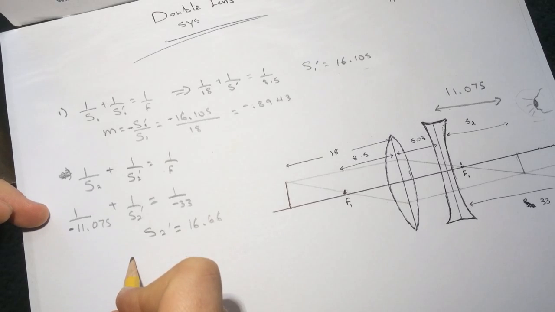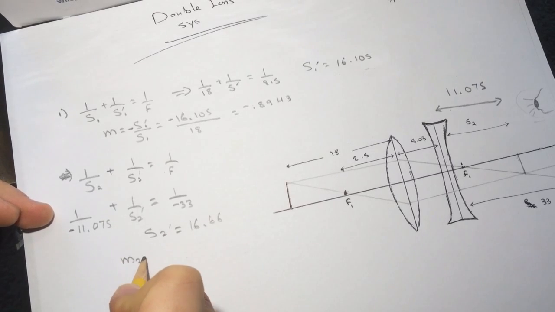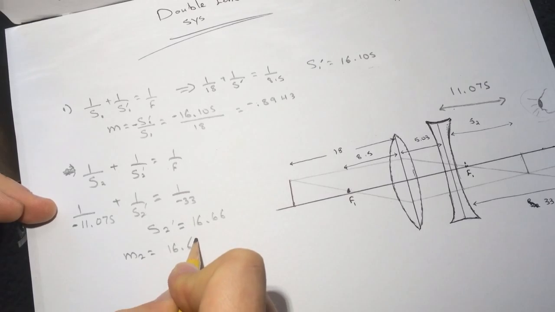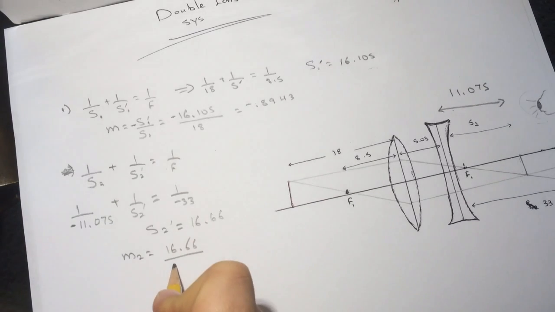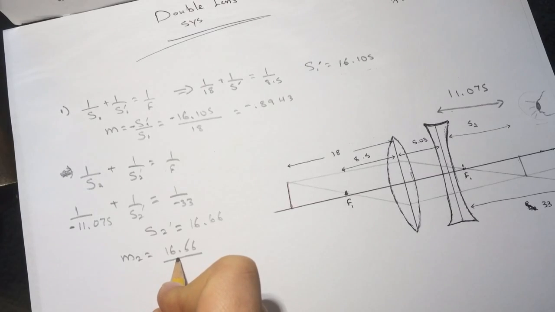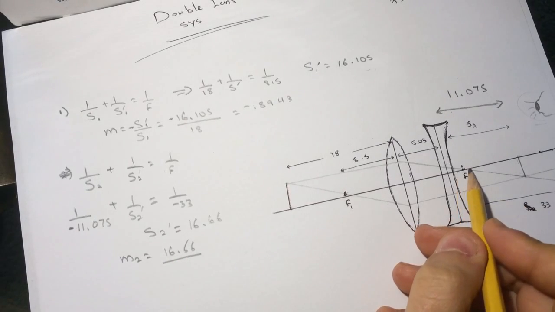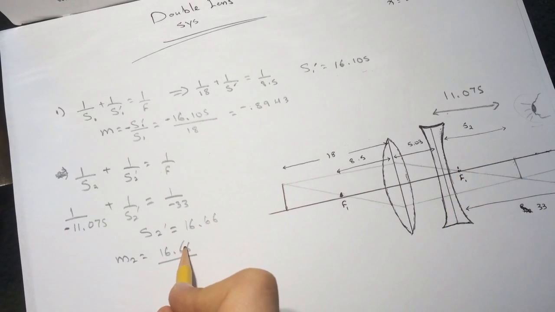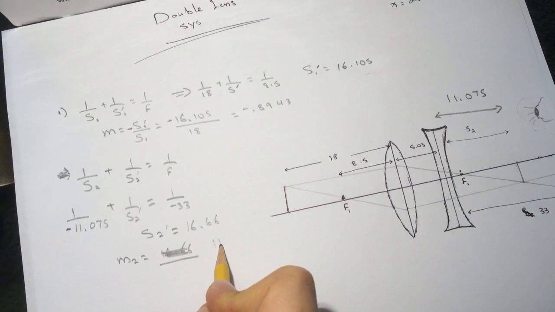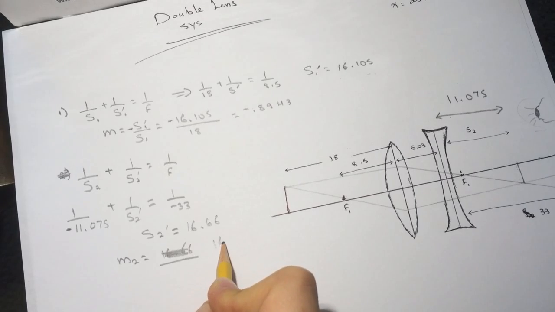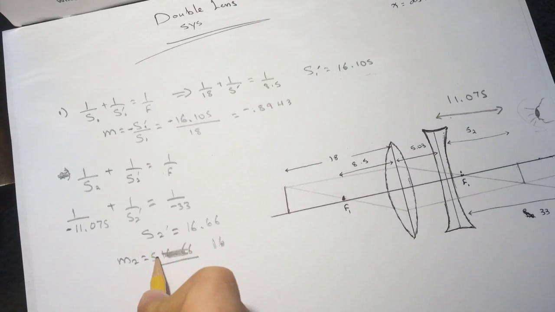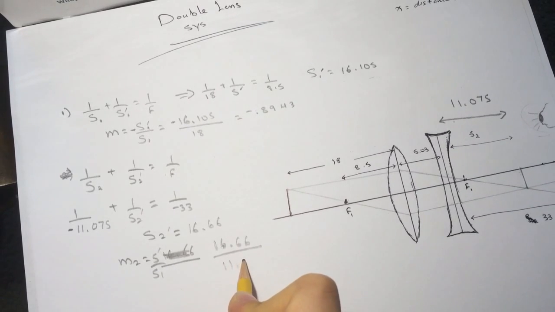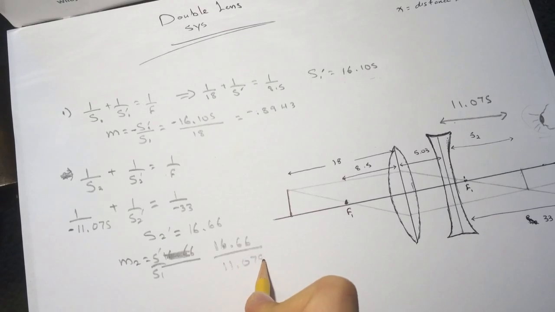M2 will be equal to 16.66 divided by 11.075.